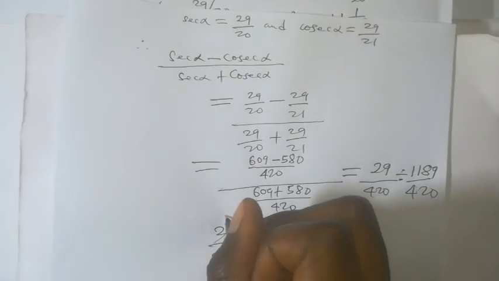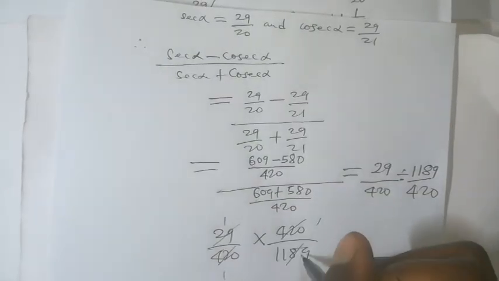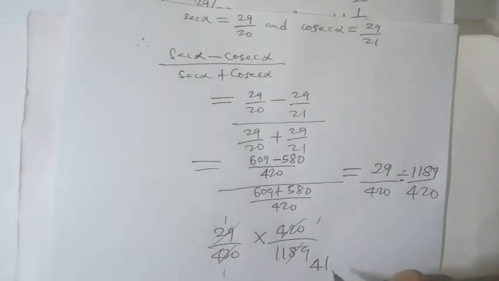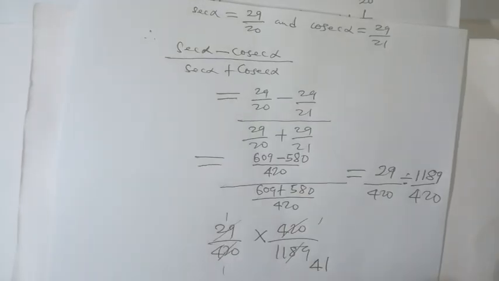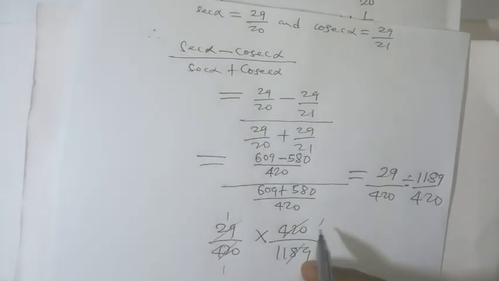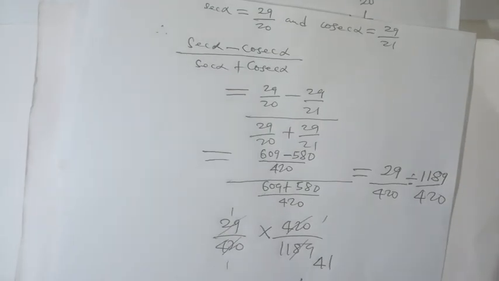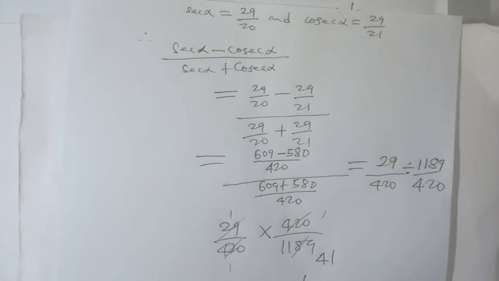So 29 here 1, all over 1189. If you divide 1189 by 29, it will give us 41. So the answer we are looking for is 1 times 1 is 1, 1 times 41 is 41. So 1 over 41 is our final answer.